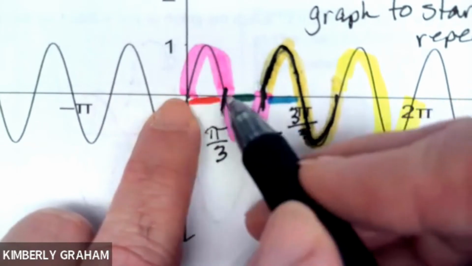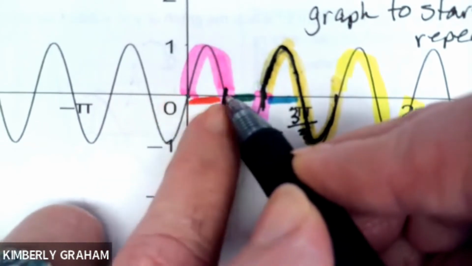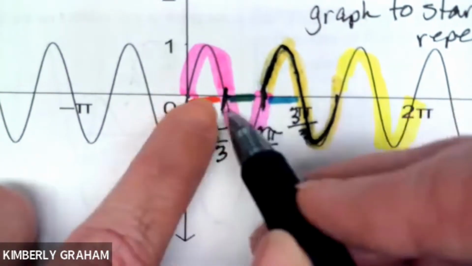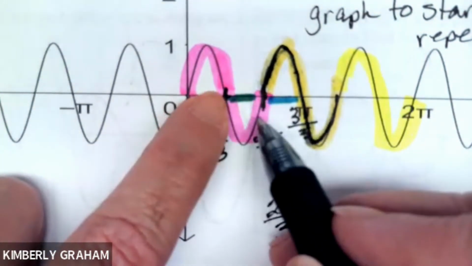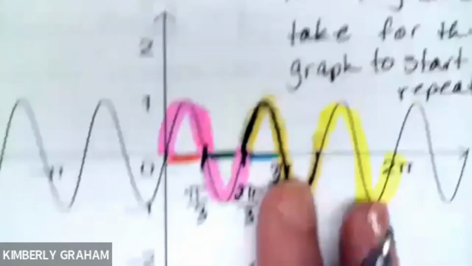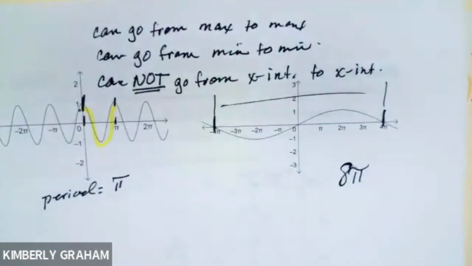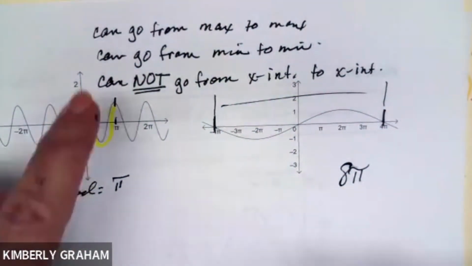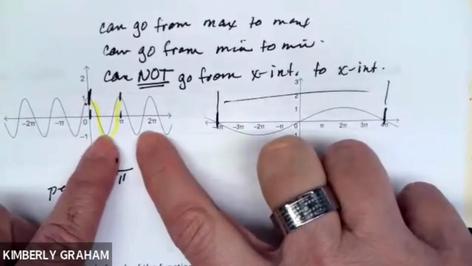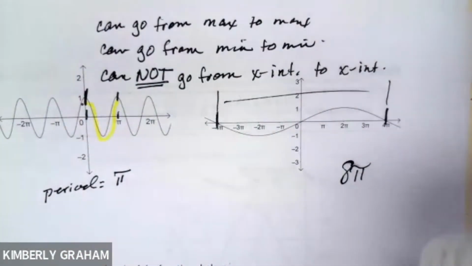If I go from x-intercept to x-intercept, I have not gone one complete cycle because I would then be leaving out all of these values here where the y coordinate is negative. So you can't go from x-intercept to x-intercept when you're looking at period. You can go from max to max, min to min, but not x-intercept to x-intercept.